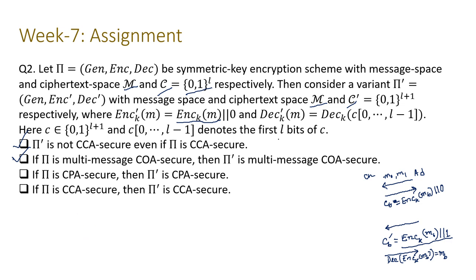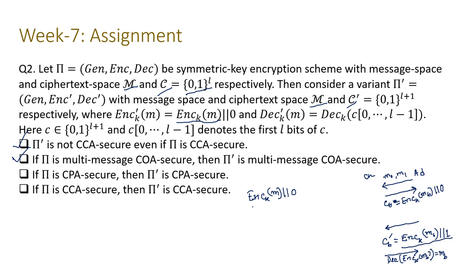just note that if pi dash is not COA secure, so what we get to see in the COA game is that we get to see only the ciphertext. So you get to see this form of ciphertext being communicated from a sender to receiver, and the adversary's job is to guess some information about the plaintext message distribution.